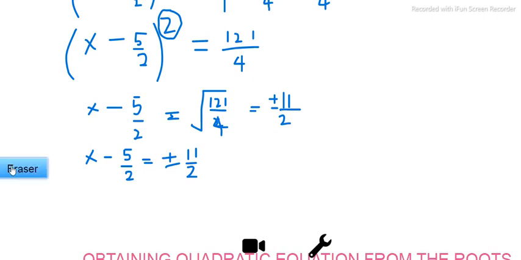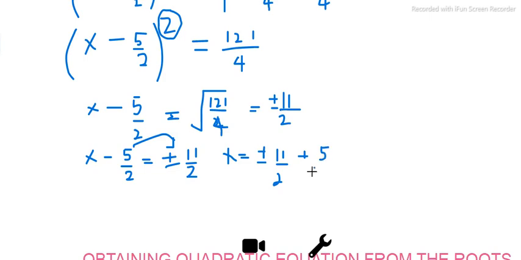We can now shift this to this side. When you shift minus 5 over 2 to this side, it will give us x equals plus or minus 11 over 2, and when you bring the minus 5 over 2 here, it will give us plus 5 over 2. So we can now get our x from here.